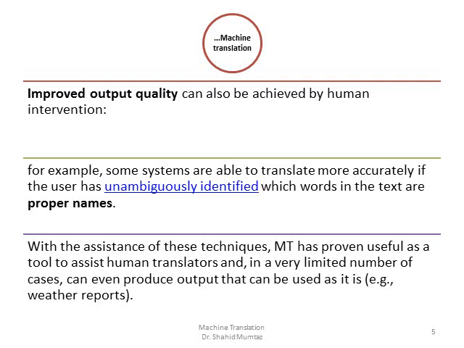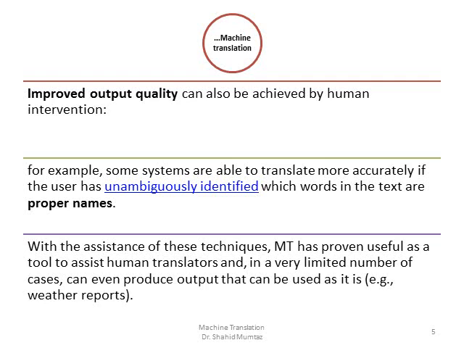If the translator fully recognizes which words are proper names, and of course proper names are most often not translated, this way also the human intervention can improve the translation text.